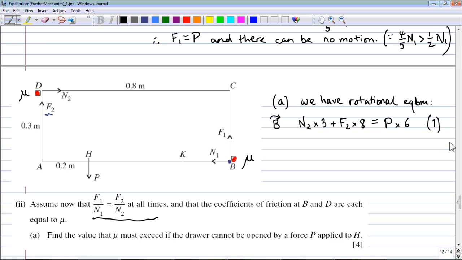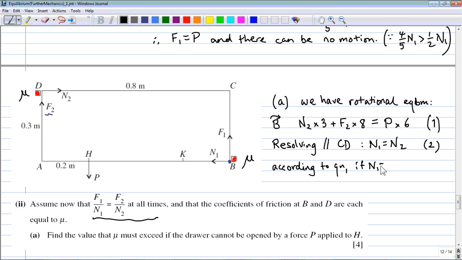Now let's consider equilibrium in the direction CD. So again, resolving parallel to CD, we get this very simple equation, n1 equals n2. And according to the question, if n1 is equal to n2, then it follows by looking down here that f1 is also equal to f2.